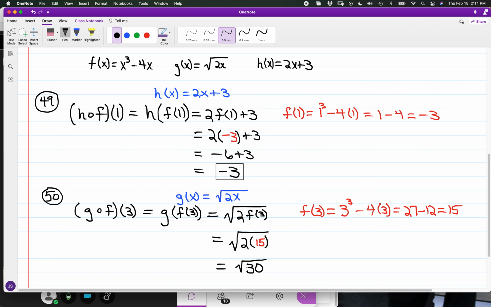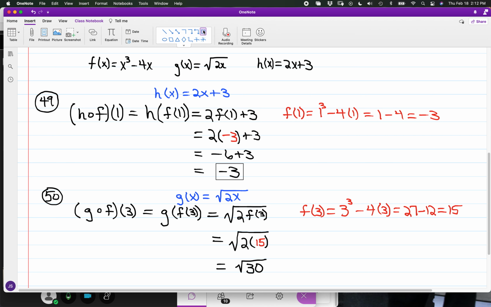Since 30 is an even number, I can understand why one would expect this radical to be reducible, but it turns out that out of the perfect squares, 1, 4, 9, 16, 25, 36, and so on, the highest perfect square divisible into 30 is only 1. So the square root of 30 in exact form is already in simplest form.